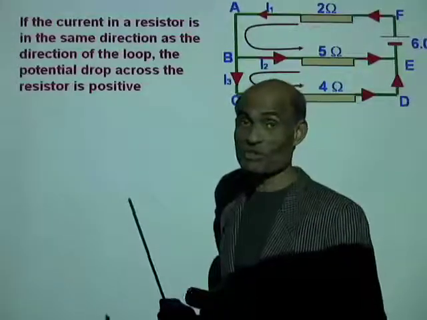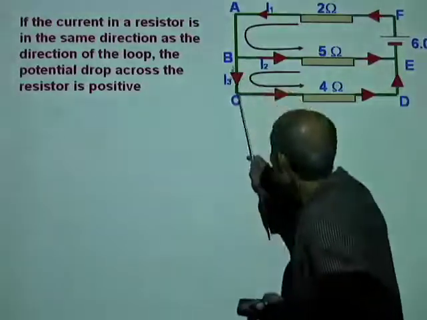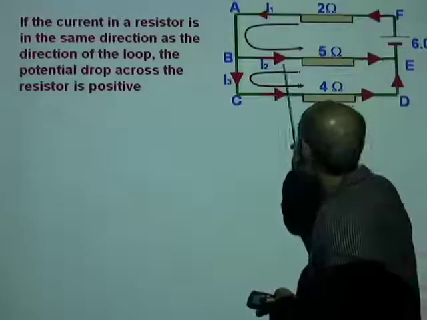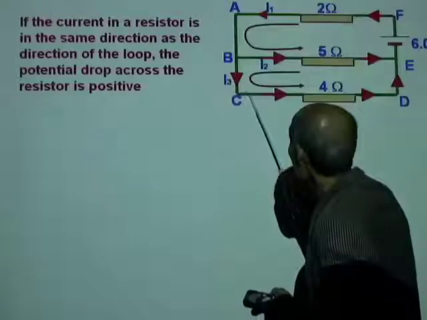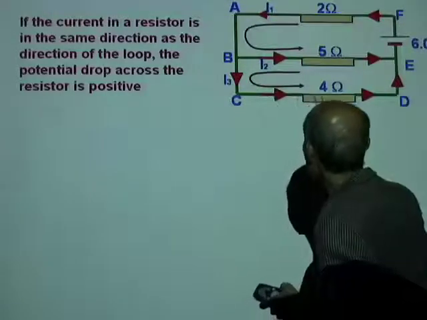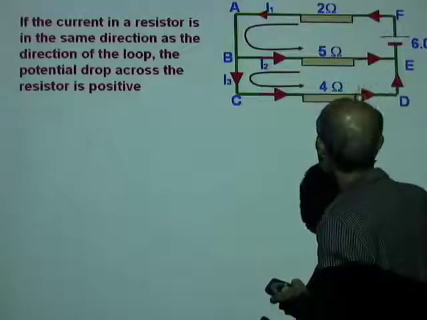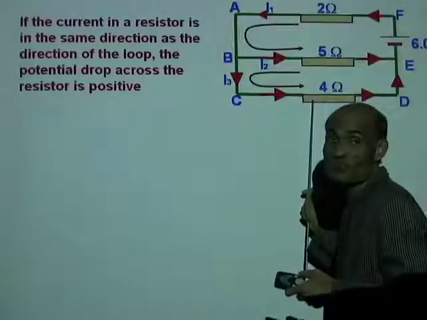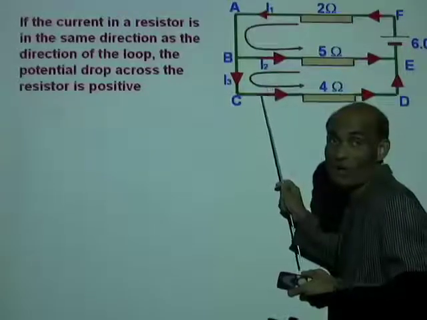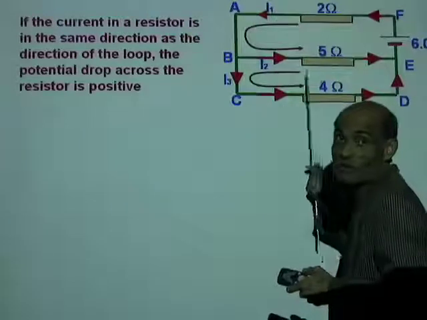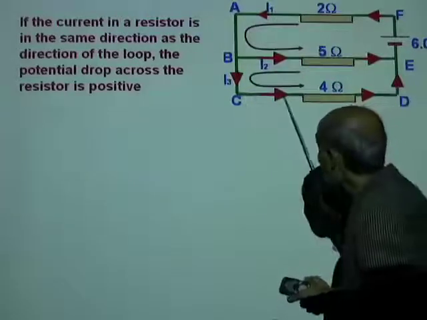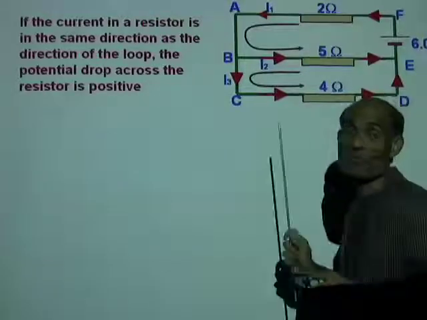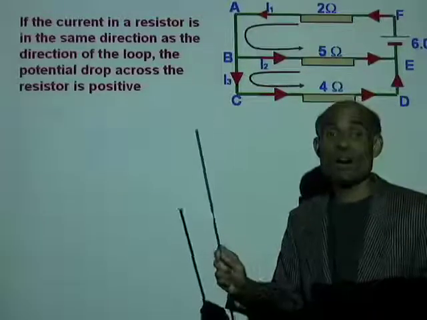That's not difficult to understand now. If the direction of tracing of the loop, I'm tracing out the loop now and watch it, is the same as the direction of current in a resistor, then the potential drop across the resistor is positive. In the 4 ohm, the direction of current and the direction of tracing of the loop are the same. The potential drop across the 4 ohm is positive.